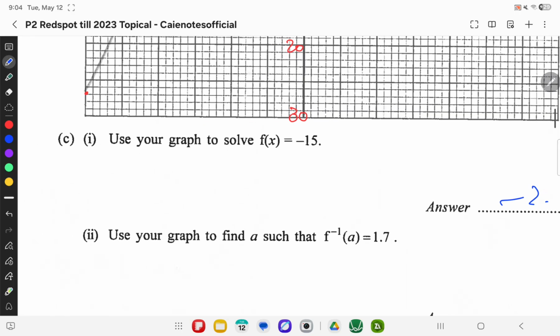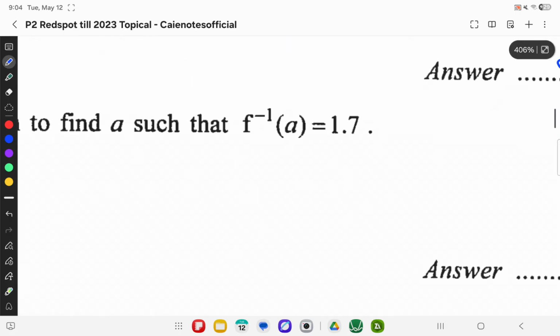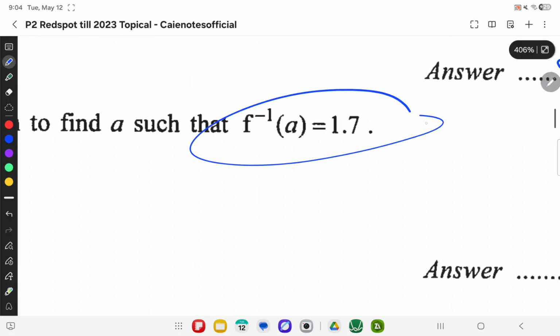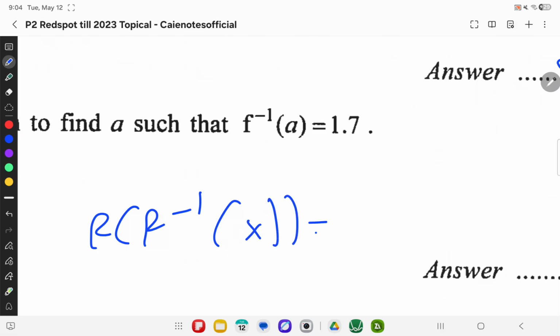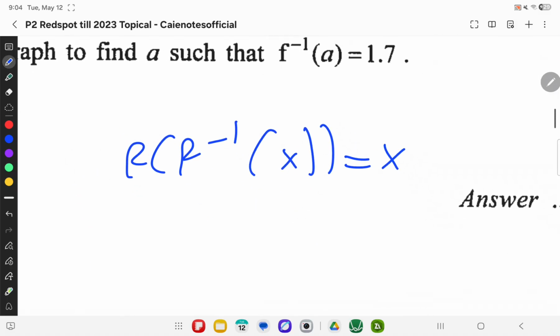Use a graph to find a such that f inverse of a is equal to 1.7. Why go for the inverse when you can just use the rule? What is the rule? Remember, f and f inverse of x yield x. The composite of a function and its inverse is always the input itself.